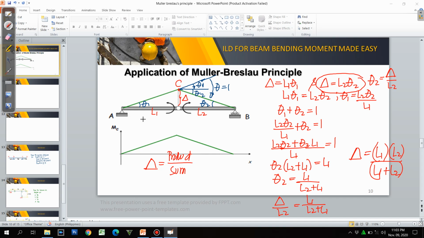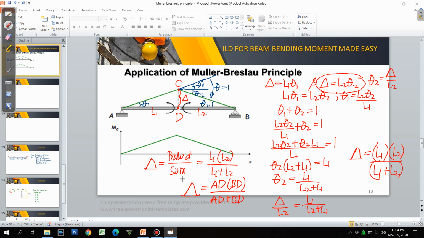So the delta here using this one, what is the product? L1 times L2. What is the sum? L1 plus L2. In this case, if this is point D, it is simply AD times BD all over AD plus BD.